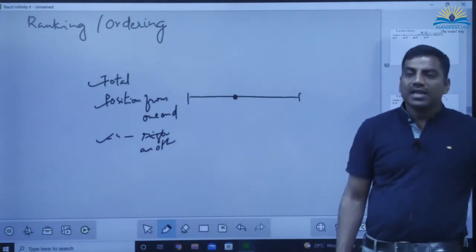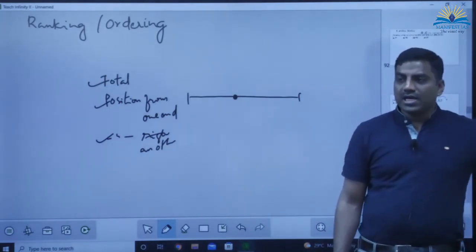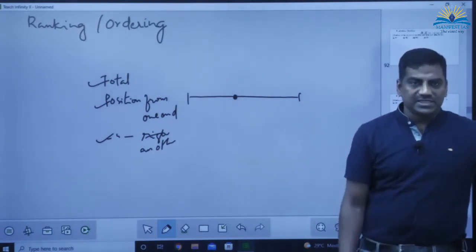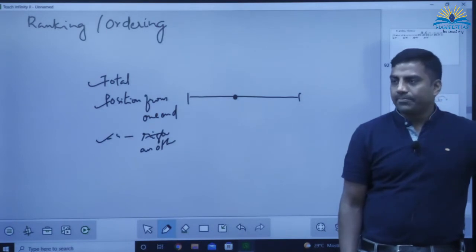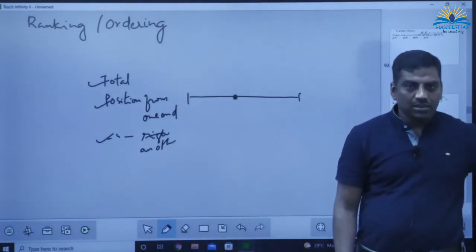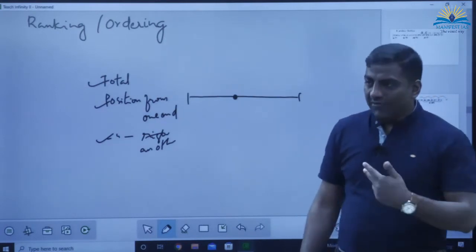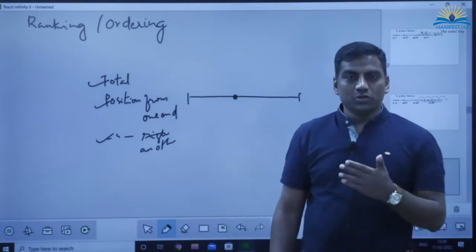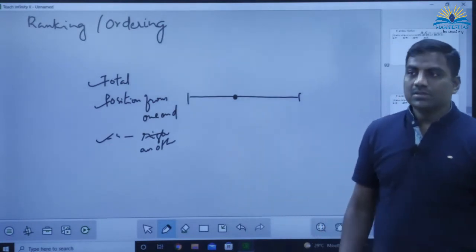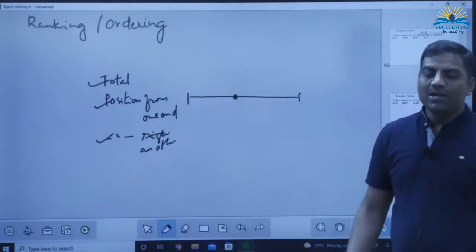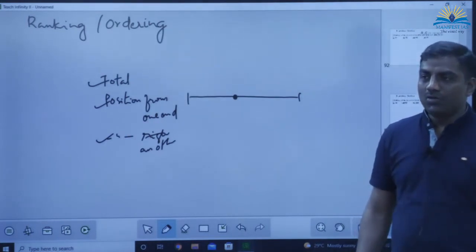Now, let's say we don't know the number of persons in the row. Total number of persons I don't know, let's say. Then, if you give me the position of that person from the left and from the right, can I know the total number of people in the row?